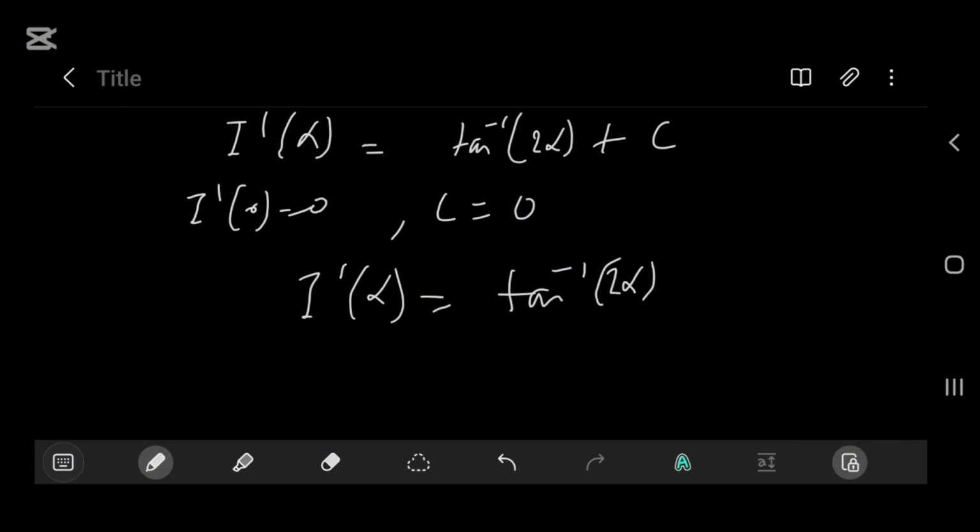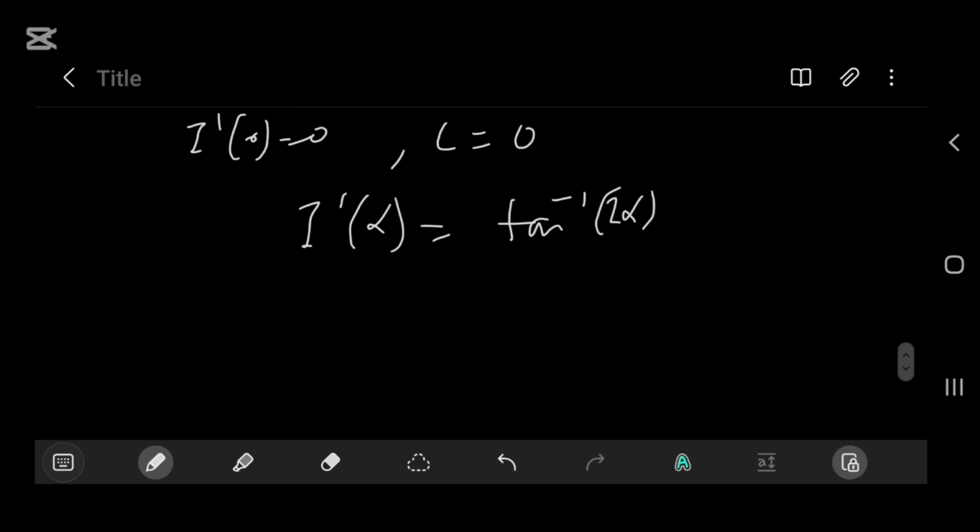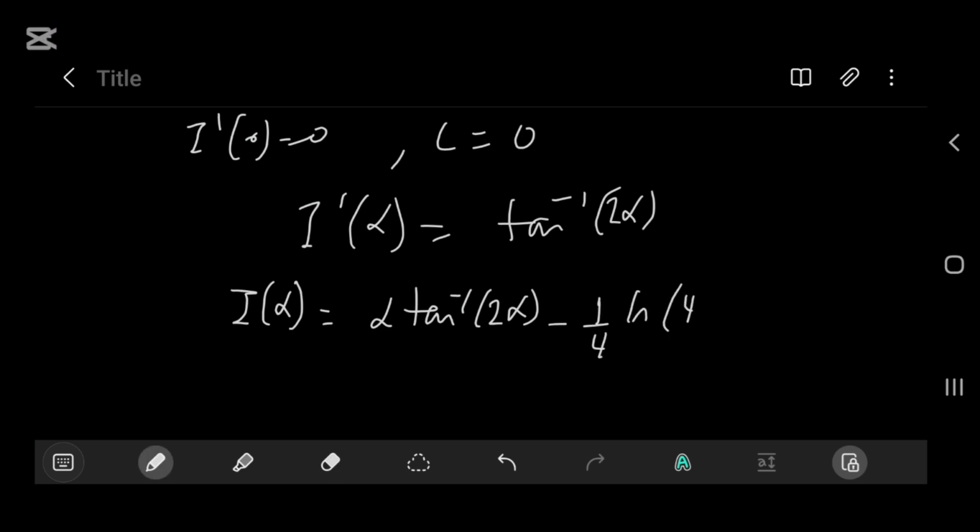Again, integrate both sides with respect to alpha. So in that case, we have I of alpha, and if you do some integration by parts here, we get the final form alpha times tan inverse of 2 alpha minus 1 over 4 natural log of 4 alpha squared plus 1, and don't forget the c once again.